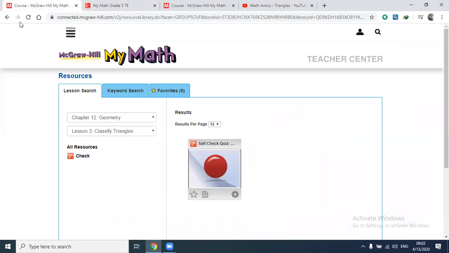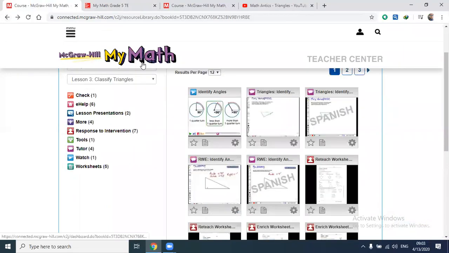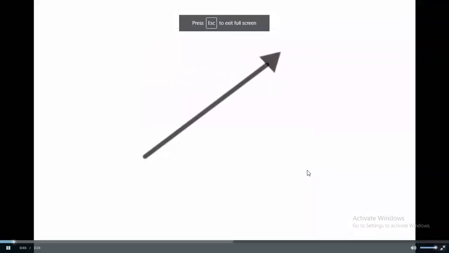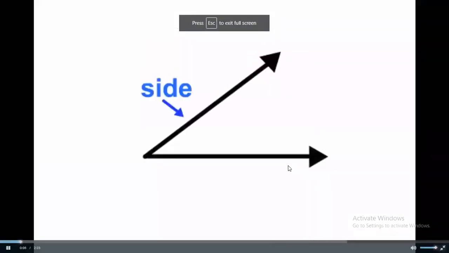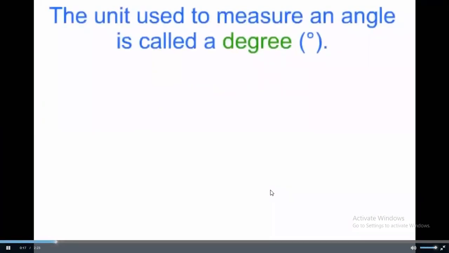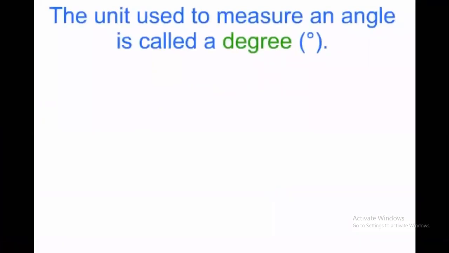Just wait for a minute. The types of angles, as you see here, will help you to understand the lesson. Identify angles. An angle is formed by 2 rays with a common endpoint. The point where the 2 rays meet is called a vertex. The plural form of vertex is vertices. The unit used to measure an angle is called a degree.